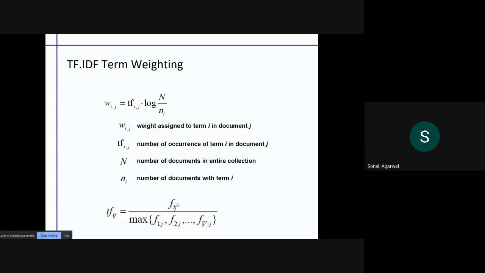For the weighting factor, we use this particular formula, where we consider the weight assigned to term i in document j, the number of occurrences of term i in document j, the total number of documents in the entire collection, and the number of documents with term i.